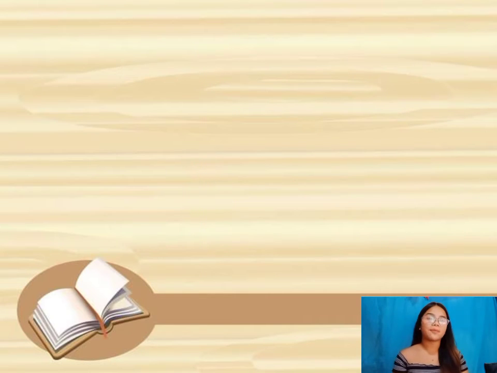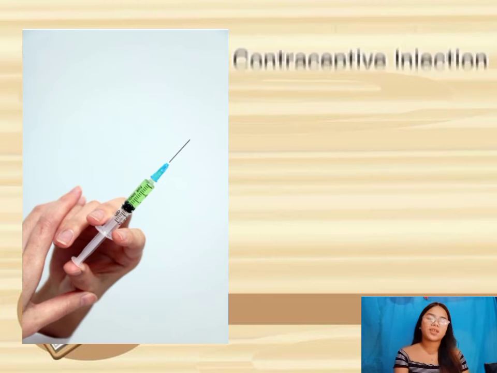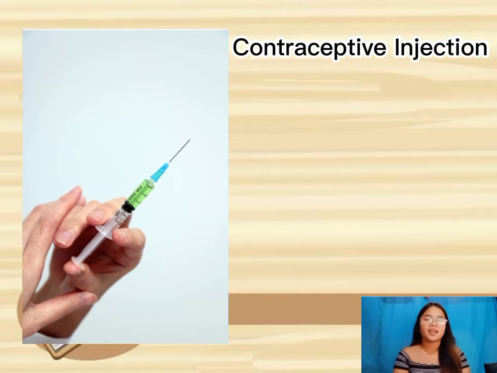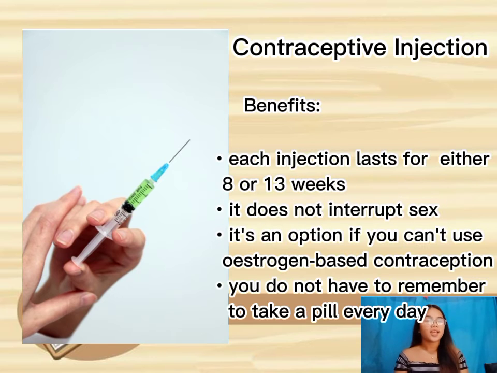The fifth type is the contraceptive injection. And here are the benefits. First, each injection lasts for either 8 or 13 weeks. Second, it does not interrupt sex. Third, it's an option if you can't use estrogen-based contraception.